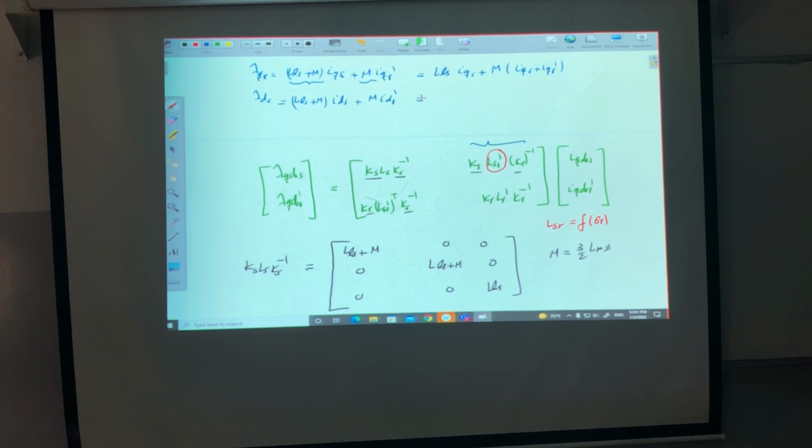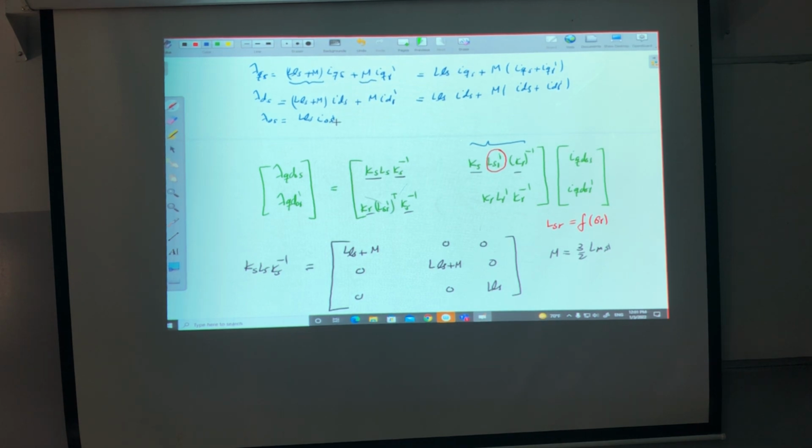This will be easier later on to plot the equivalent circuit. This will be LLS IDS plus M, IDS plus IDR dash.